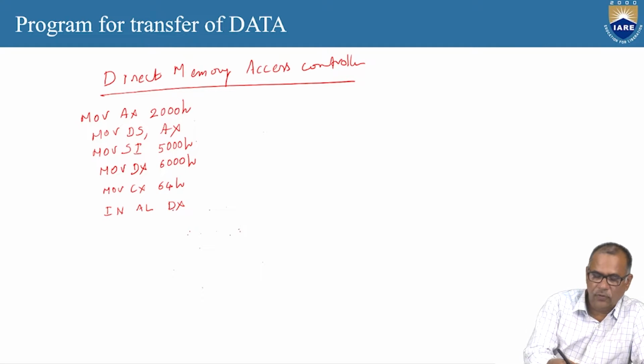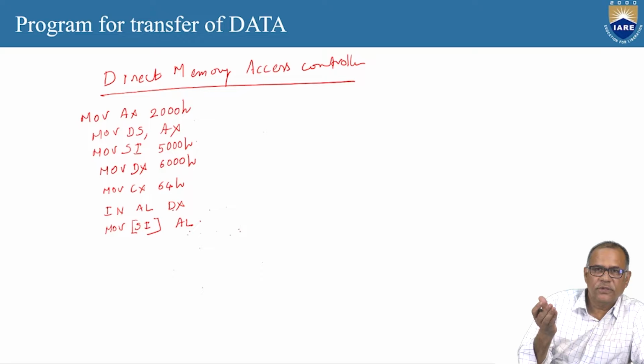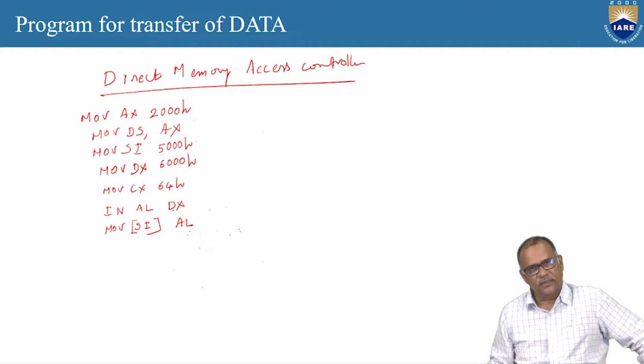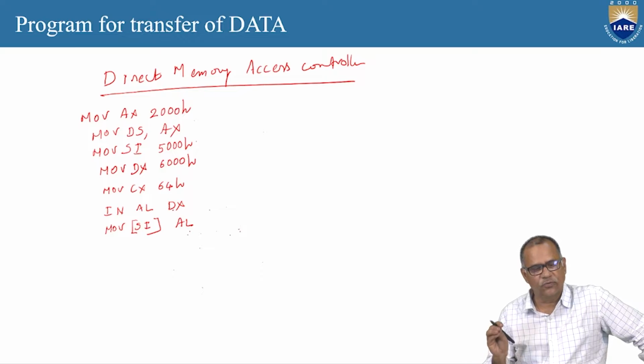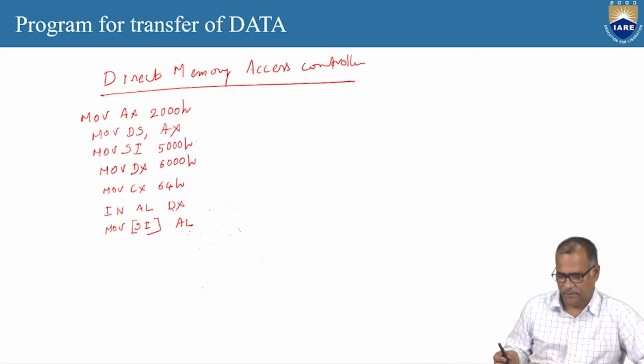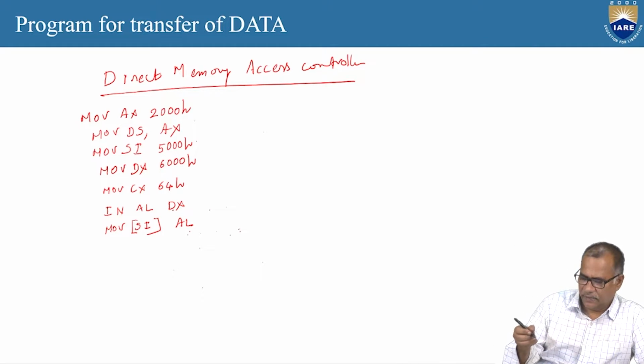Then MOV [SI], AL. So the data obtained from the I/O device is first moved into the AL register, then from the AL register it is moved into the memory location. And like that, I have to transfer 100 bytes of data.